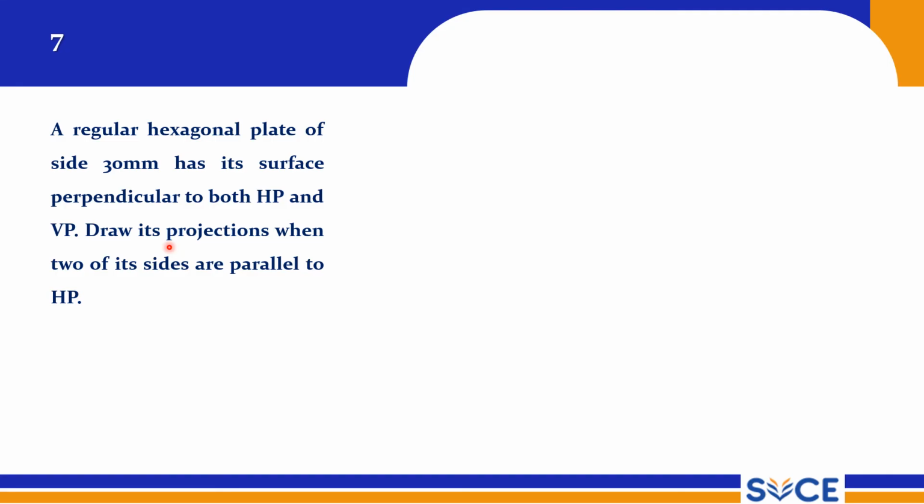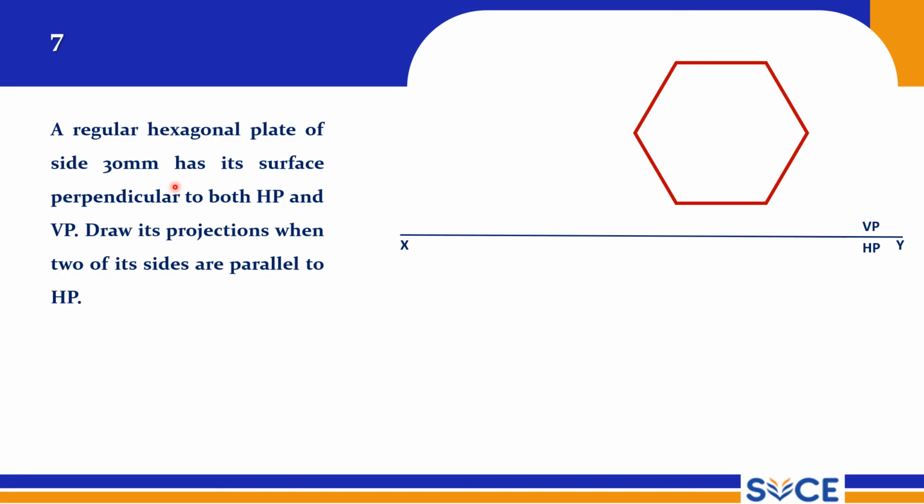The orientation is very important. The plate is kept perpendicular to both HP and VP, but its distance from HP is not given, so you can take any arbitrary distance and draw the hexagon.